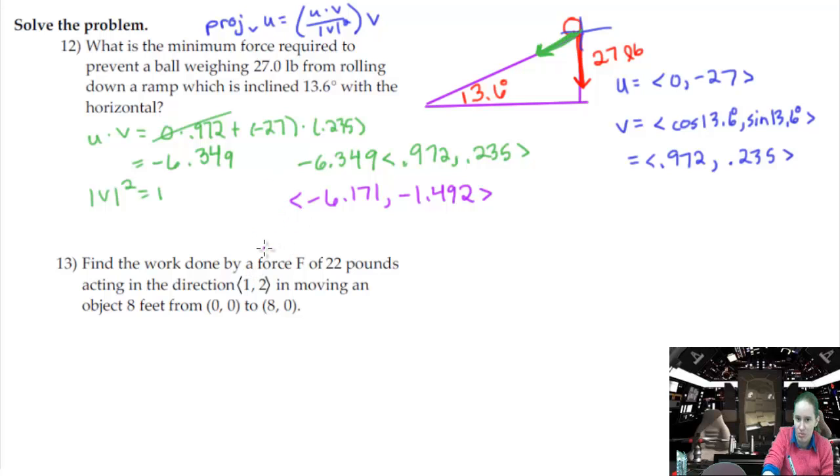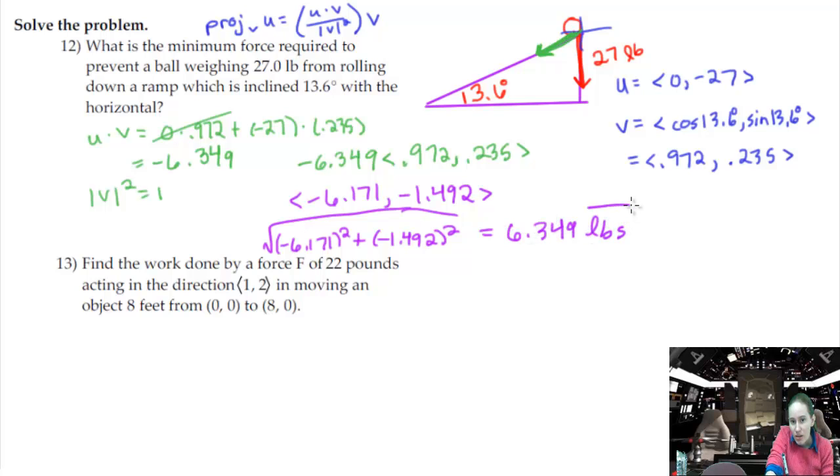To do that, we do the Pythagorean theorem on this. 6.171 squared plus 1.492 squared, and then take the square root of that, and you should get 6.349. And that is pounds for our answer.